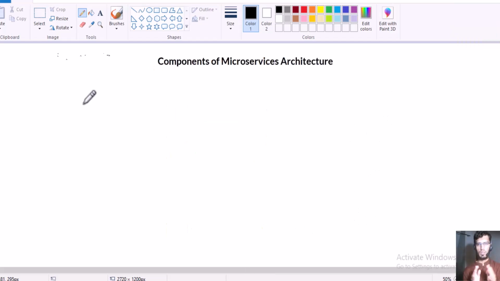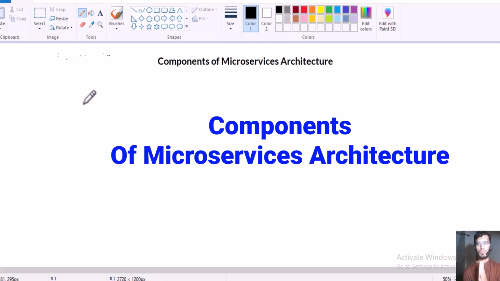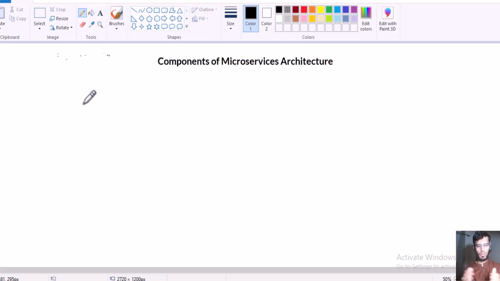Let us discuss what are the components of microservices architecture. Well, in monolithic architecture, we know that we have a load balancer, then instances, a centralized database, Docker for deployment and Kubernetes for orchestration.